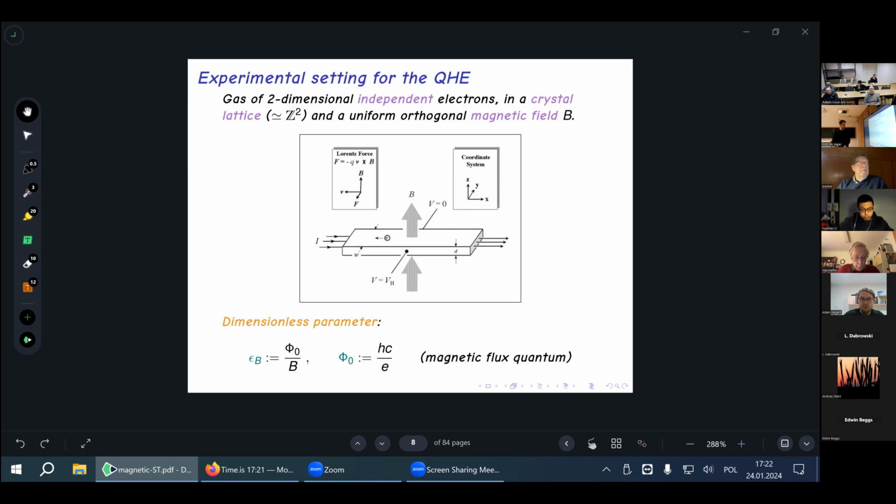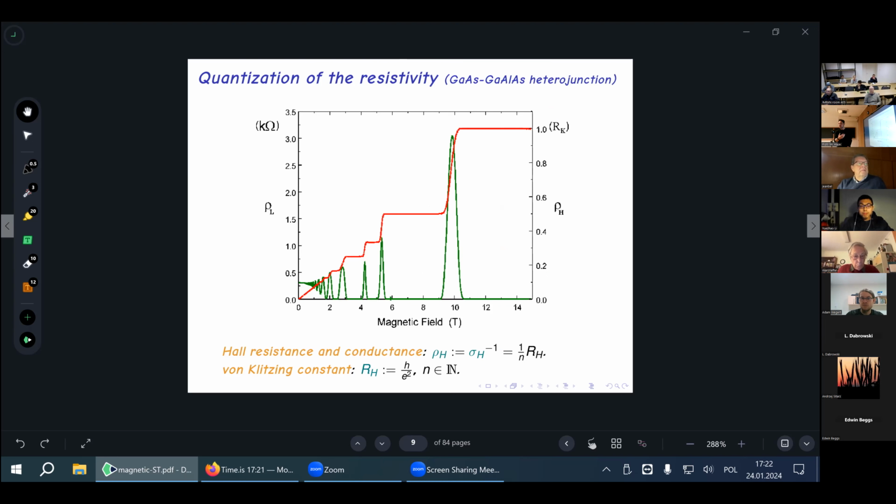That's everything I would like to stress about this slide. And this is what happened in the experiment. This is also a very common picture. Here, what is plotted is not the conductivity but the resistivity, which goes as 1/n times a constant called the von Klitzing constant, which is given in terms of the Planck constant and the charge of the electron.